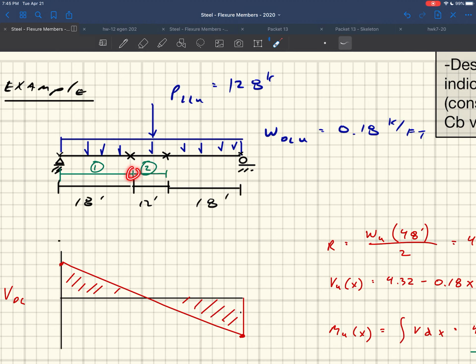This one has a lesser moment but a bigger unsupported length. This one has a bigger moment but a smaller unsupported length. So right off the bat, you don't know which one controls. So what you do is you design for each one of those.